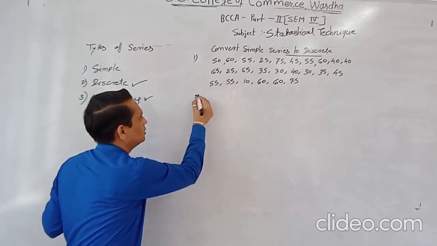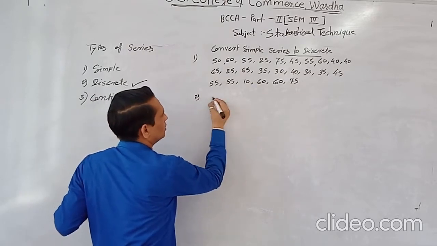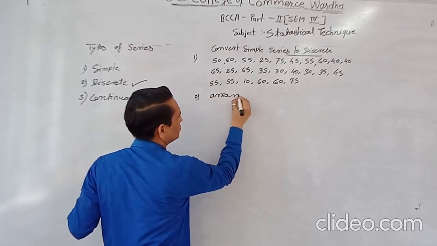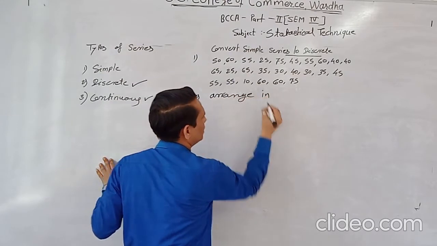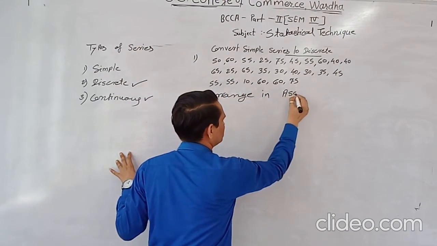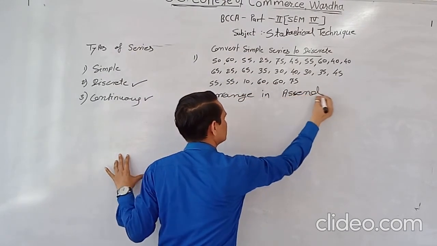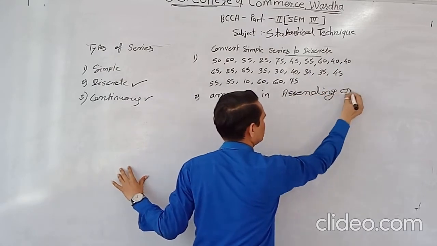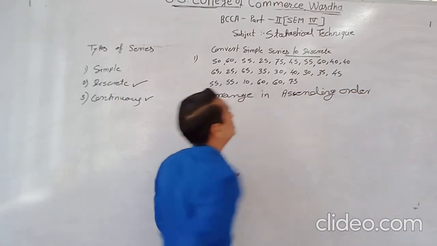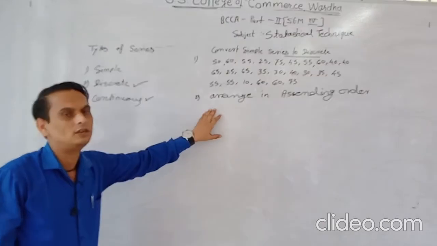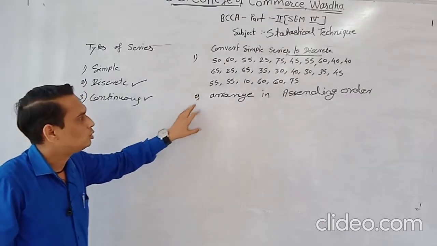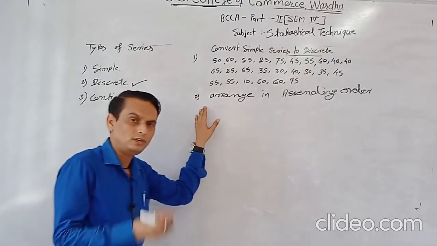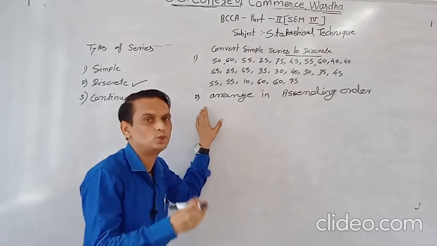Number 2, arrange in ascending order. This means the observations should be arranged in ascending order, starting from lowest to highest.